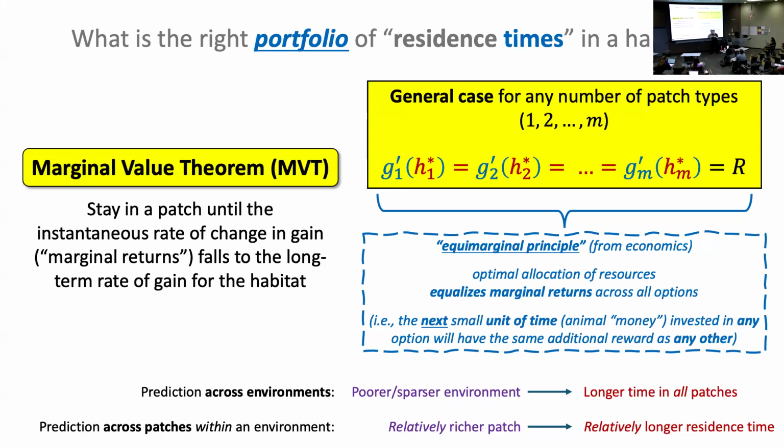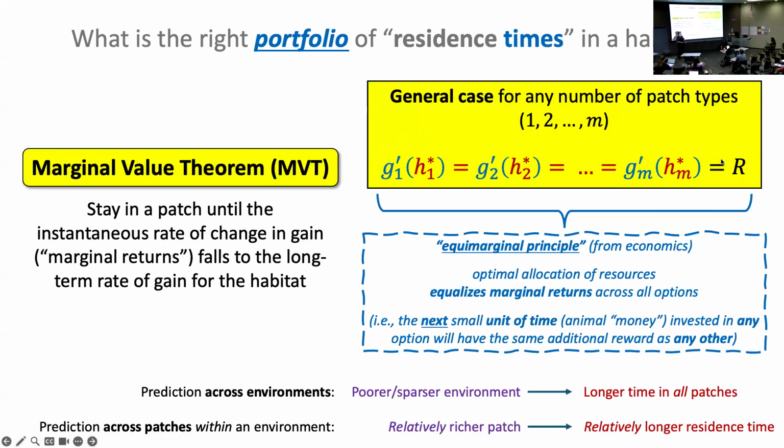So every patch's instantaneous rate of gain is going to be equalized. This is how that would be depicted as the derivative with respect to the handling time of every patch. So the marginal gain in every patch at each of their residence times ends up being the same.